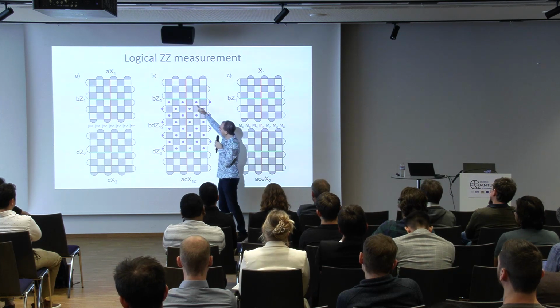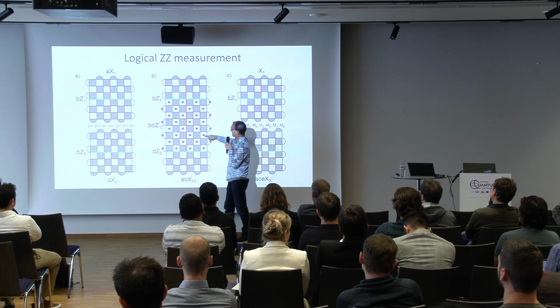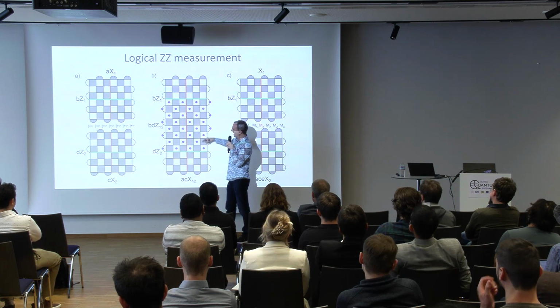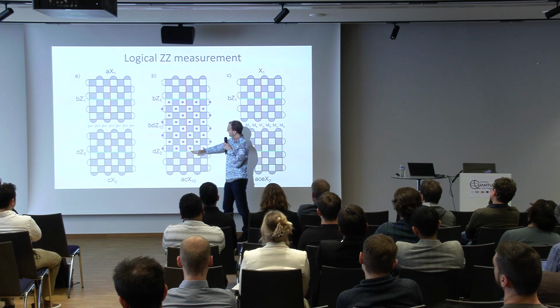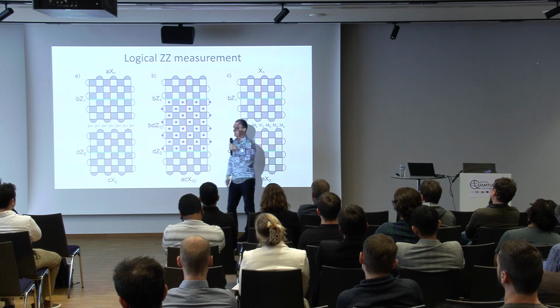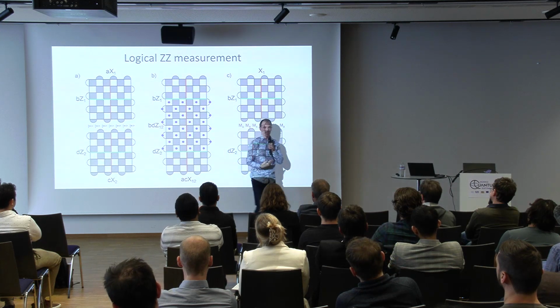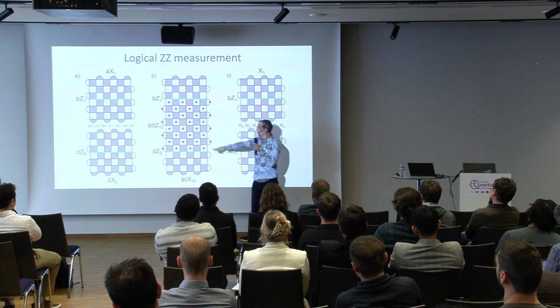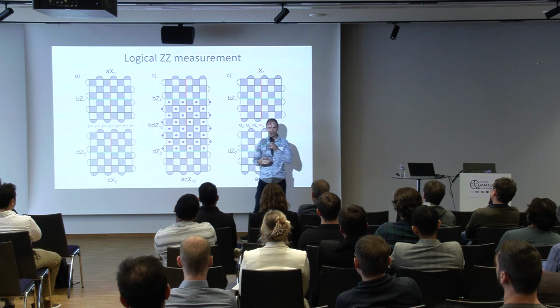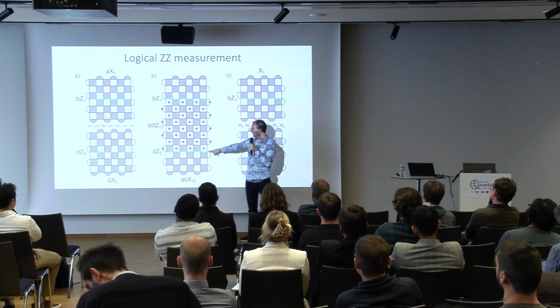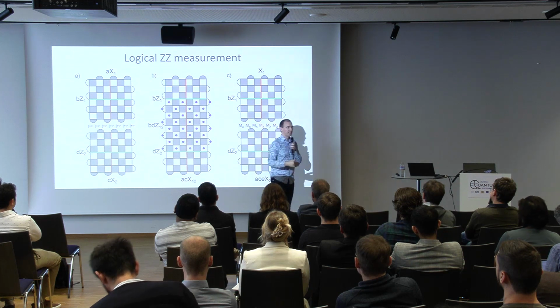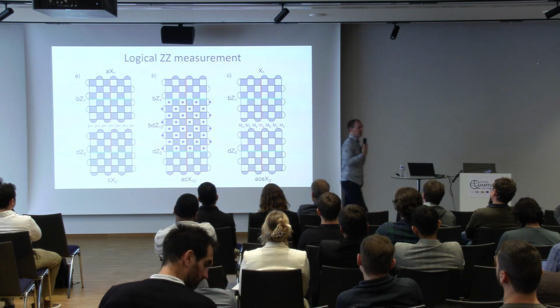By measuring all of the blue dotted objects, what I'm going to learn is the value of the logical Z operator. So I'm taking a logical parity measurement in the form of the product of all these local checks. The product of all the local checks equals these logical operators. So this is the 2-qubit gate that you have to work with.